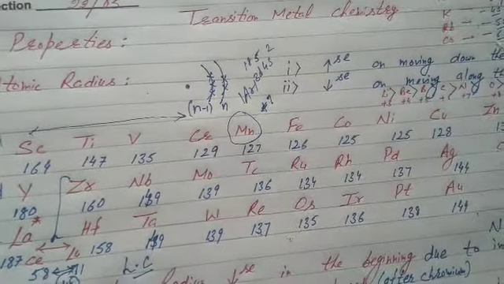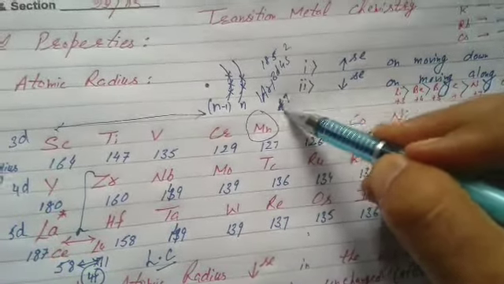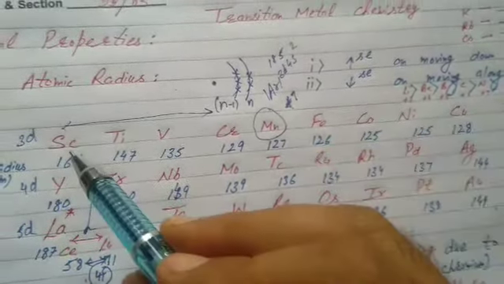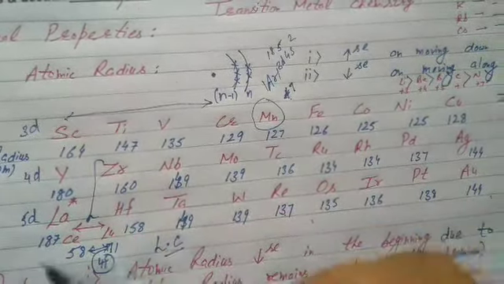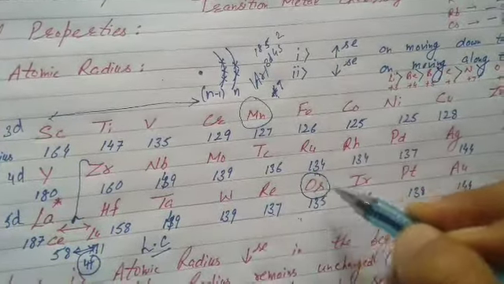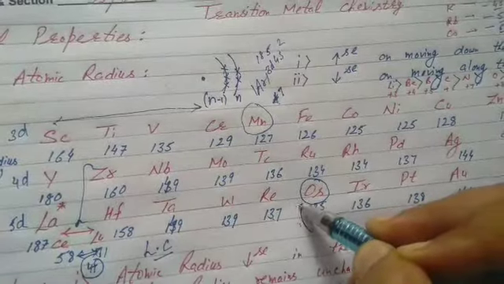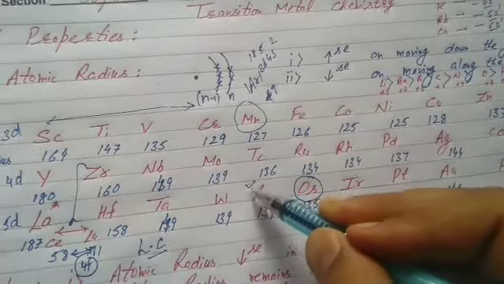In the first transition series, maximum oxidation state is shown by which member? Your answer is manganese, because the first series starts from scandium and proceeds up to zinc. But overall in d block elements, the maximum oxidation state is shown by osmium. In the periodic table, maximum oxidation state is shown by osmium, as well as rhenium also shows +8 oxidation state.